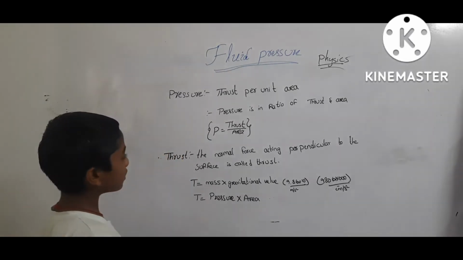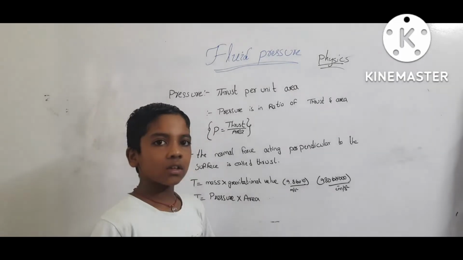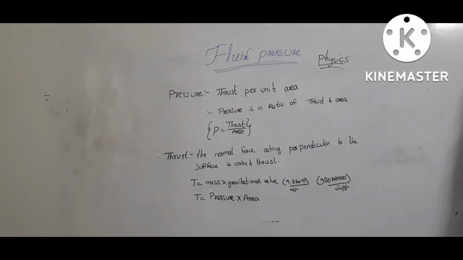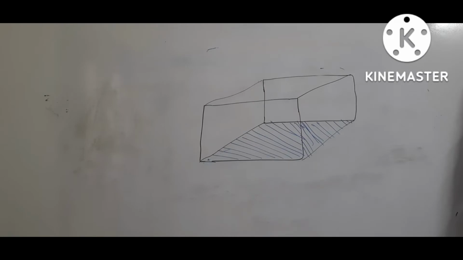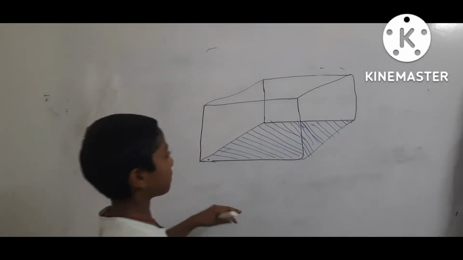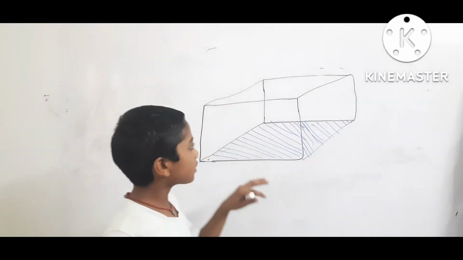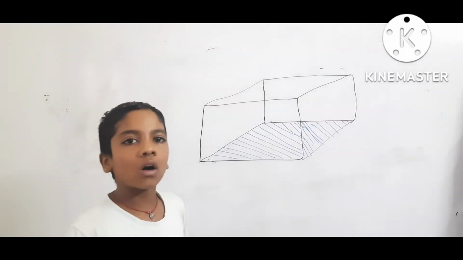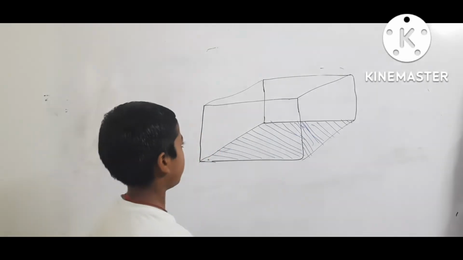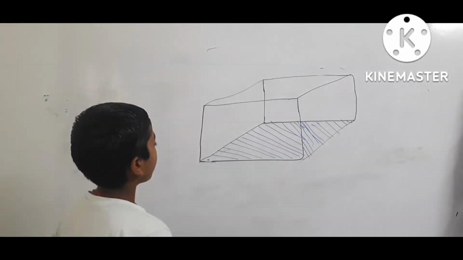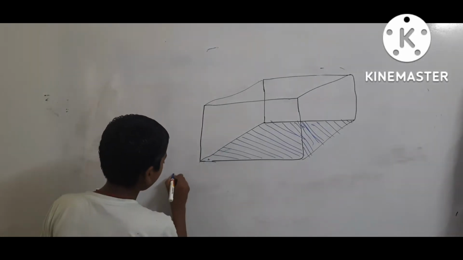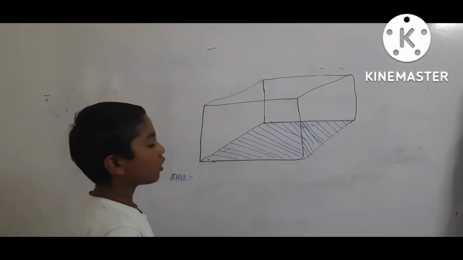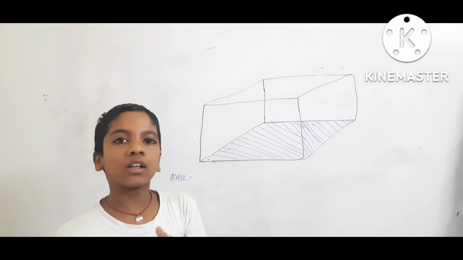Okay friends, next we discuss pressure in a diagram. This is the diagram for pressure. This is a cuboid. Here, what is the area and what is the thrust? For area, we take only the area in contact with the surface.